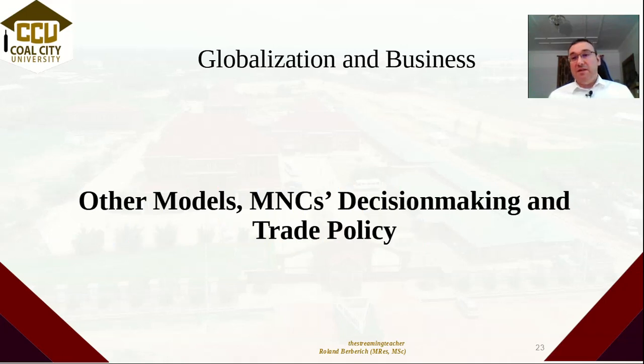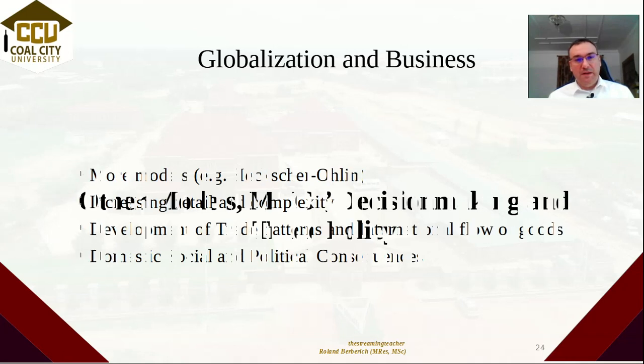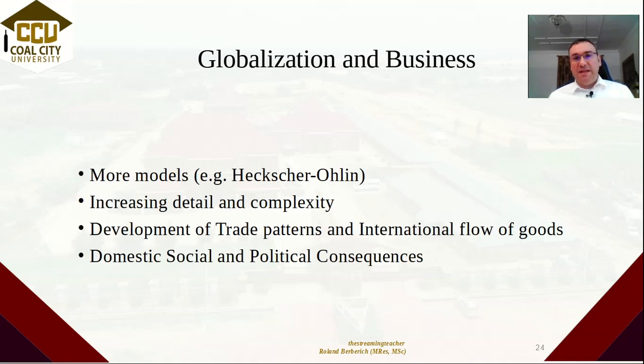Now, obviously, this is not a new thing. We have seen things like that before, and we have looked at other, even more sophisticated trade models. And I want to talk mostly about multinational corporations, how they make decisions and how trade policy affects that. So, for example, there's the Heckscher-Ohlin model with increased levels of detail.